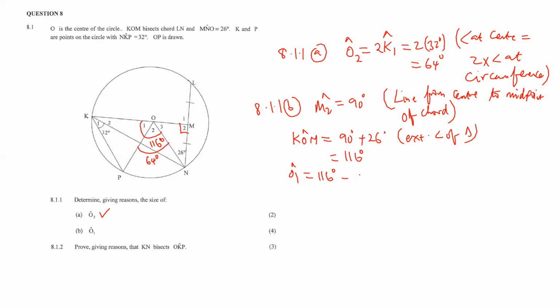So 116 minus 64 degrees is equal to 52 degrees.